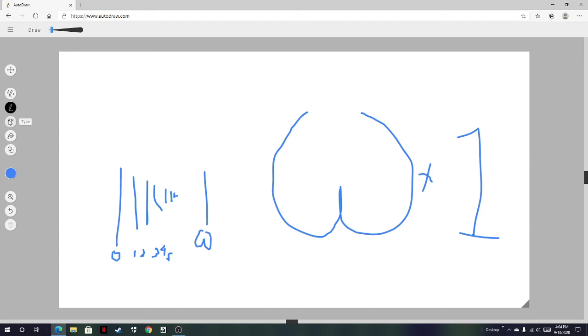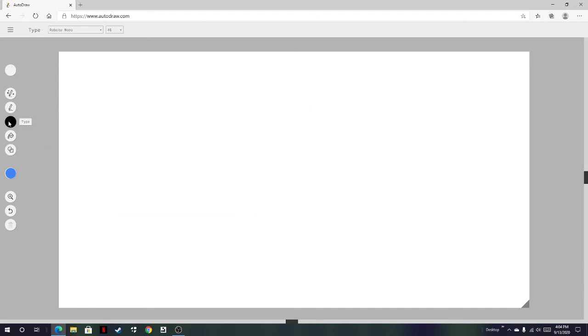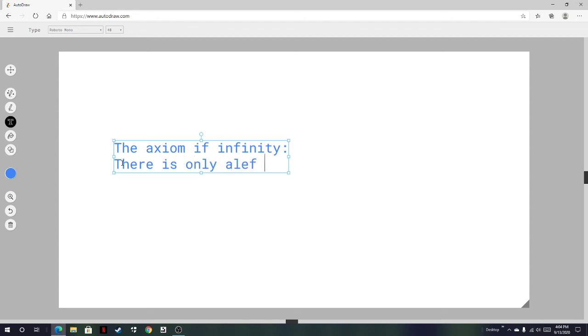First, we have the Axiom of Infinity. What does that state? The Axiom of Infinity states there is only aleph null, or however you spell it, but aleph null.